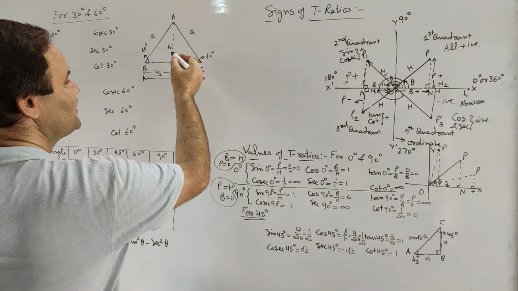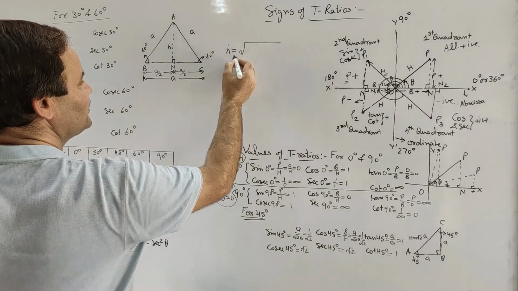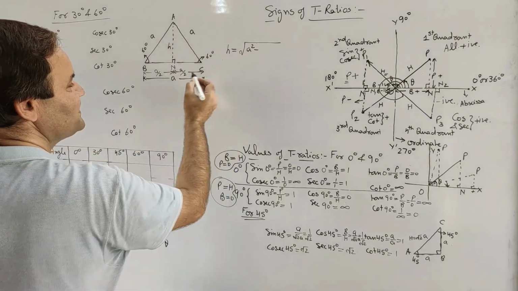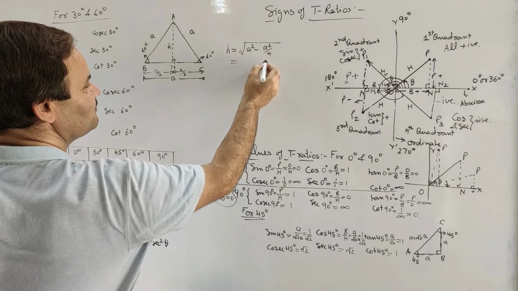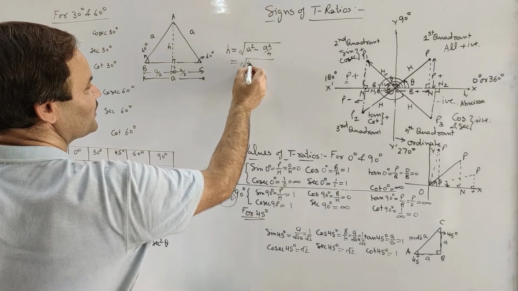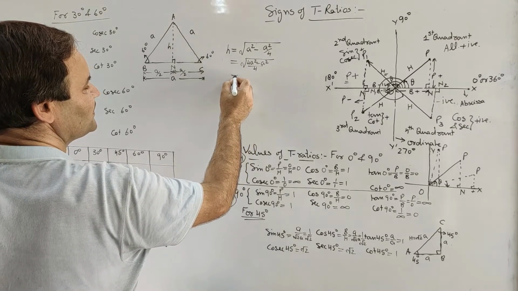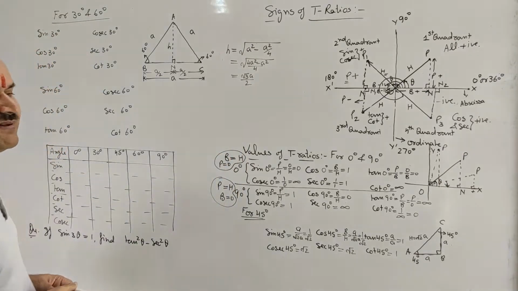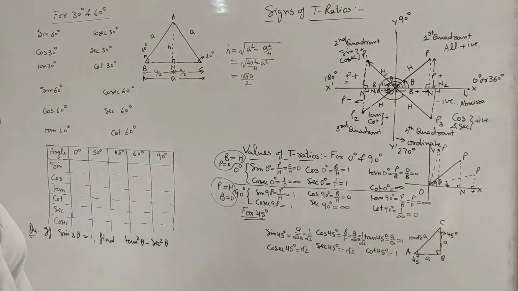By Pythagoras theorem, H will be under root hypotenuse square, that is A square, minus base square, that is A square by 4, and this will become under root 4A square minus A square by 4. It means root 3 A by 2. It will be the height of the equilateral triangle.